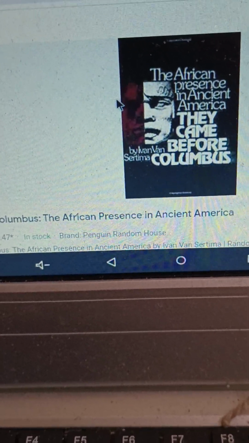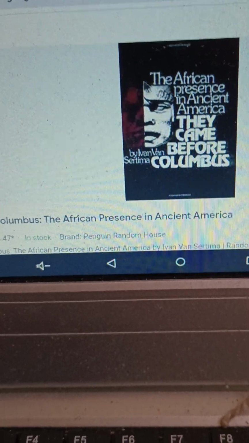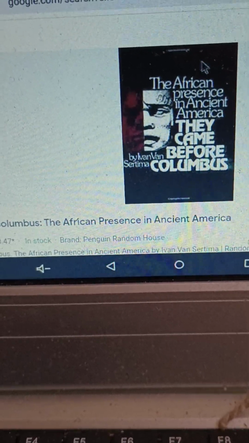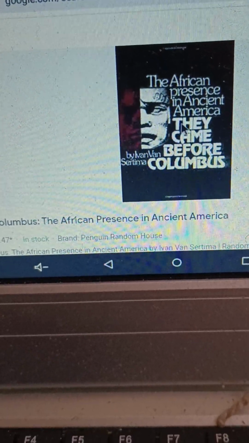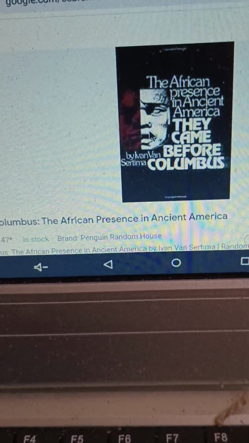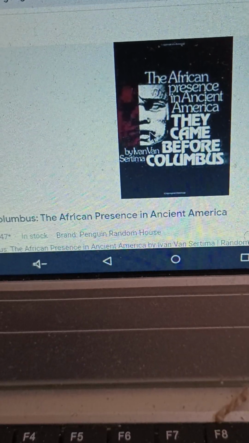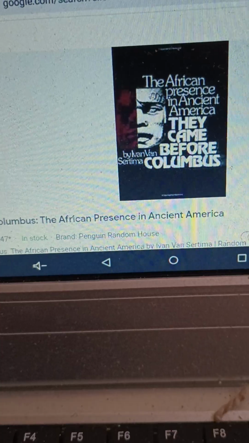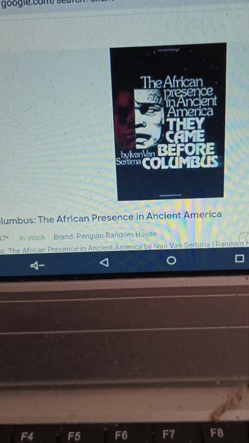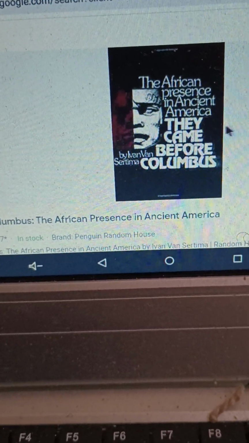some of them sailed to the Americas, and the Amerindians, as he called them, erected these statues with broad noses and big lips, which he assumed had to come from Africans in their honor.